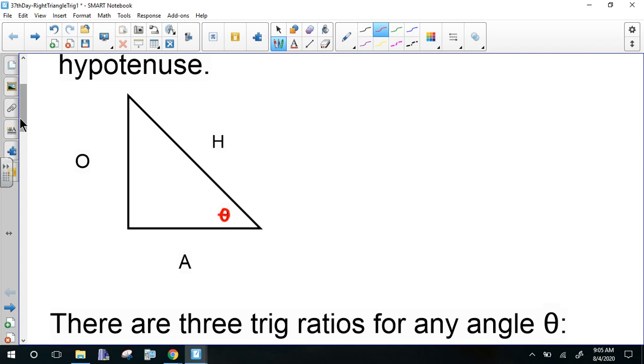If we look straight across, the opposite side is straight across and has no contact with the sides of the triangle that form the angle. Here's our right angle. The hypotenuse is always across from that. And that leaves our adjacent side, which is connected to the angle.